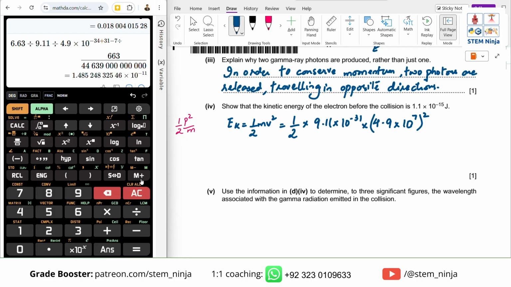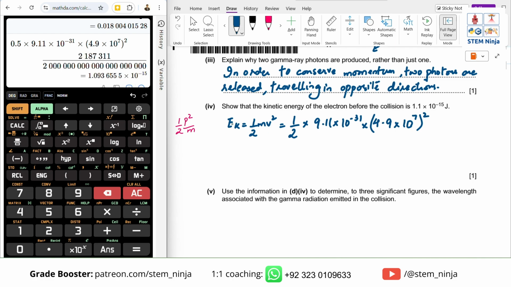Let's calculate this. 0.5 times 9.11 times 10^-31 times (4.9 times 10^7) squared.